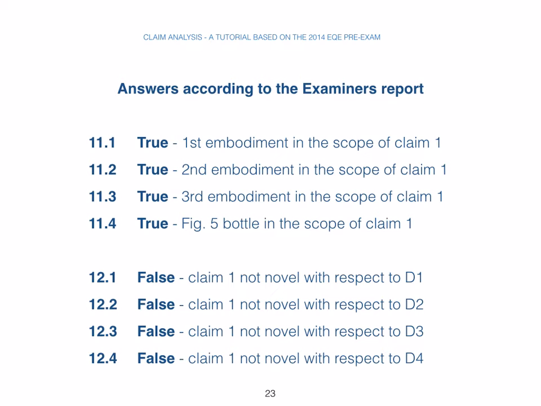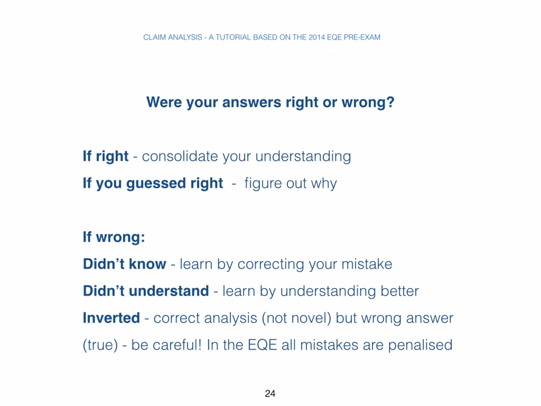We'll discuss first of all the possibilities of going wrong, and then we'll go to the comments in the examiner's report, then my own comments and explanation. And the idea is that this will reinforce your answer if you got it right, or it will correct your answer if you got it wrong. So were your answers right or wrong?